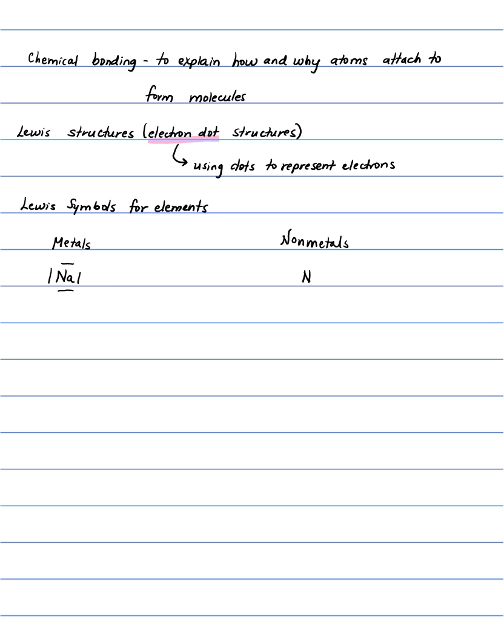So for nitrogen, we have to do something a little bit different from what we did for sodium, because for sodium, you have to worry about placing just one electron. You can start in any of the four sides around the symbol for nitrogen. So I'm going to start again on the right side, and we need to place five dots.